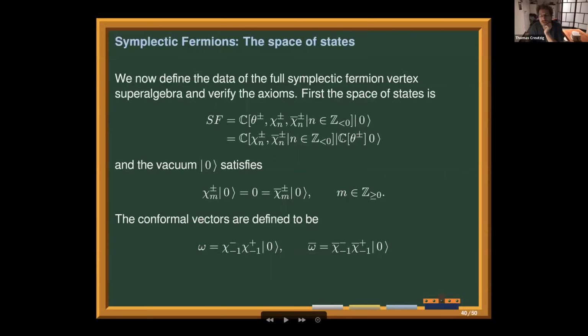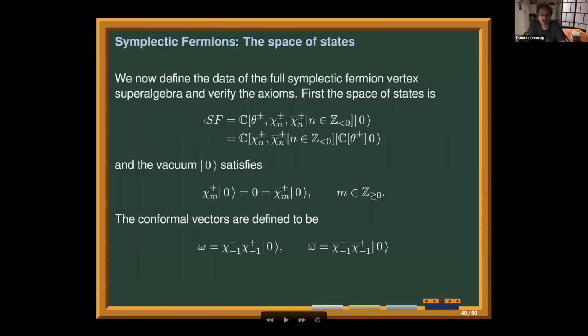The way to think about it is you take your algebra of functions, which are just the polynomials in theta plus and minus, and then create from there the whole space of states of the conformal field theory via action of all the negative modes. The vacuum satisfies the usual condition that I said before, that it is annihilated by all annihilation operators, that means by all positive modes, including the chi plus minus 0 modes.